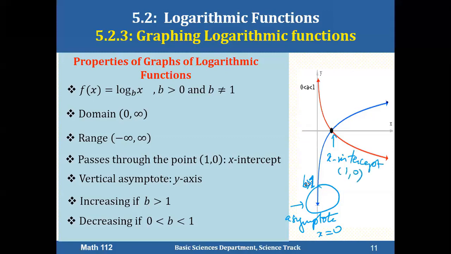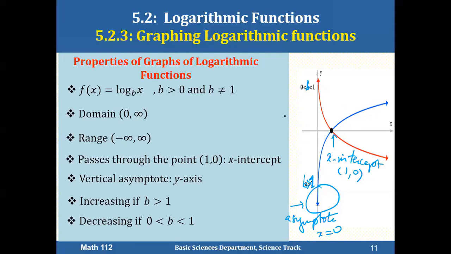It is defined on 0 to infinity, so only on the right side. It is increasing if b is larger than 1, as with the exponential. With b between 0 and 1 it is decreasing. We see here that the increase is slow.